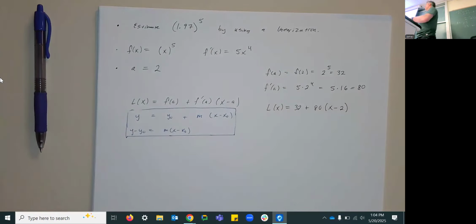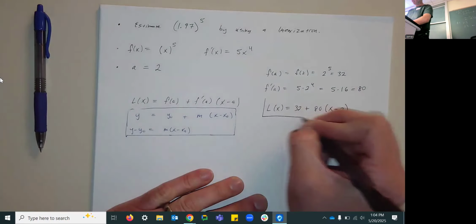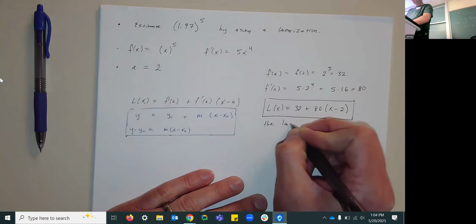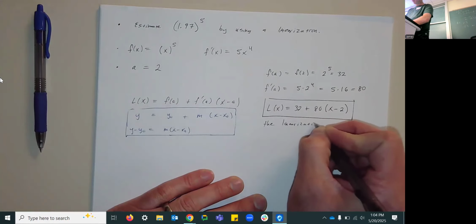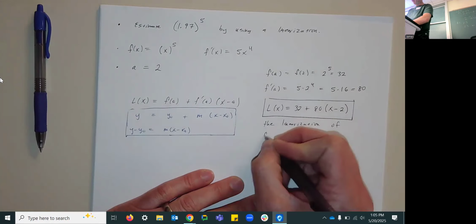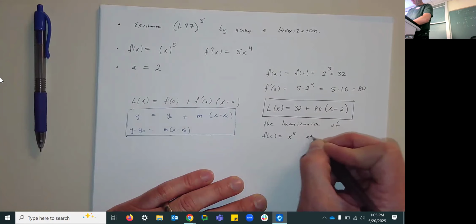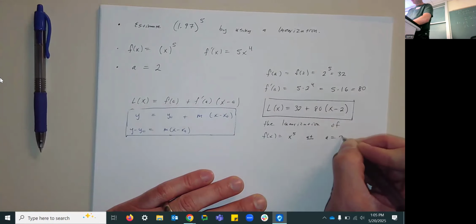So oftentimes with these kinds of questions, sometimes we ask 2 different questions. They ask first, find the linearization. And if they just ask for that, this is the linearization of f of x equal to x to the 5th at a equal to 2.